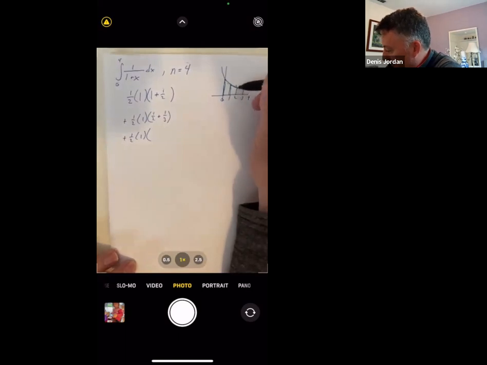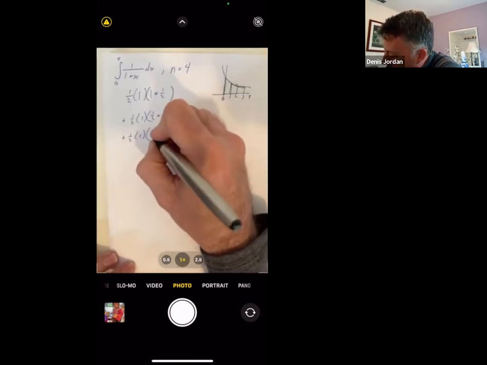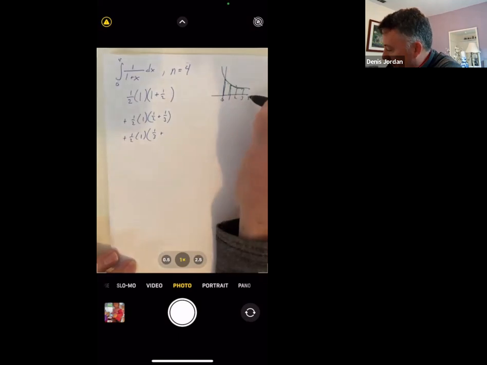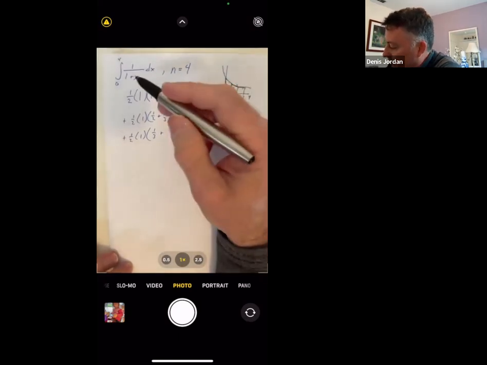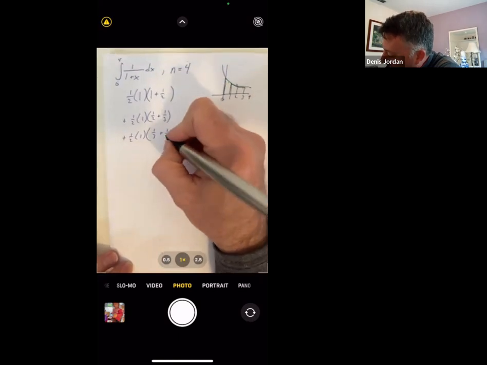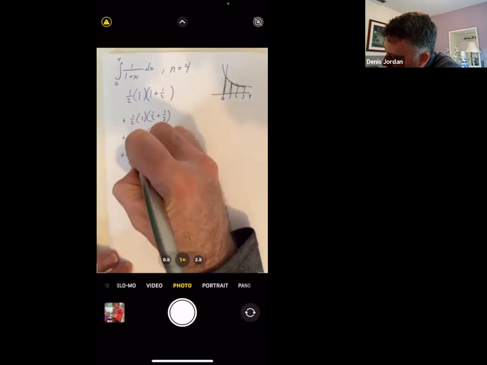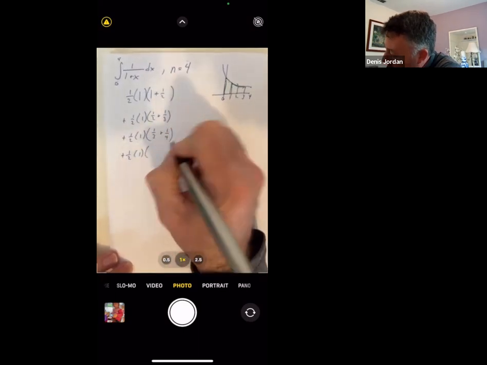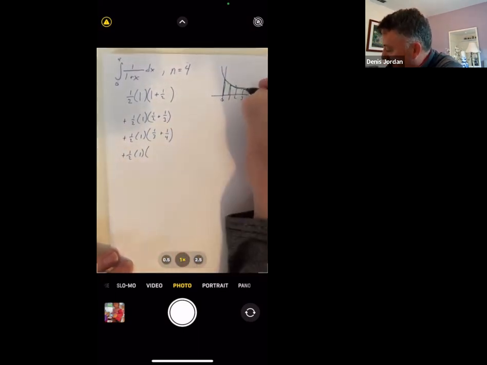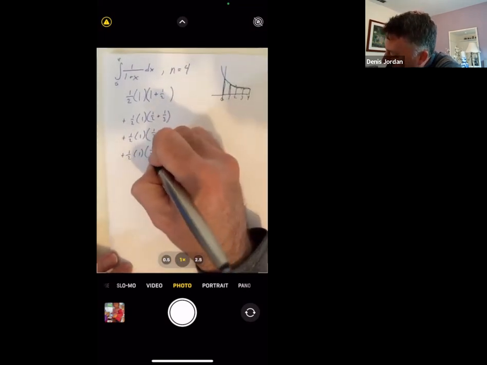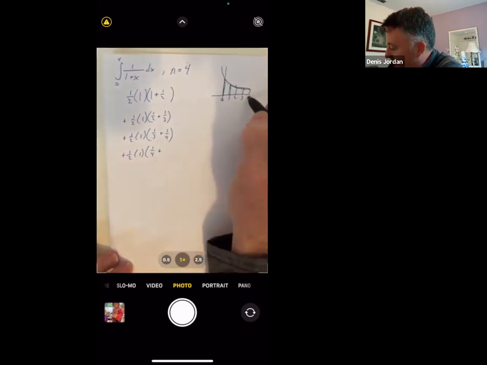Next trapezoid when x is 2, so a third. And then the next one was when x is 3. So a fourth. And then the last one, when x is 3, plus when x is 4.